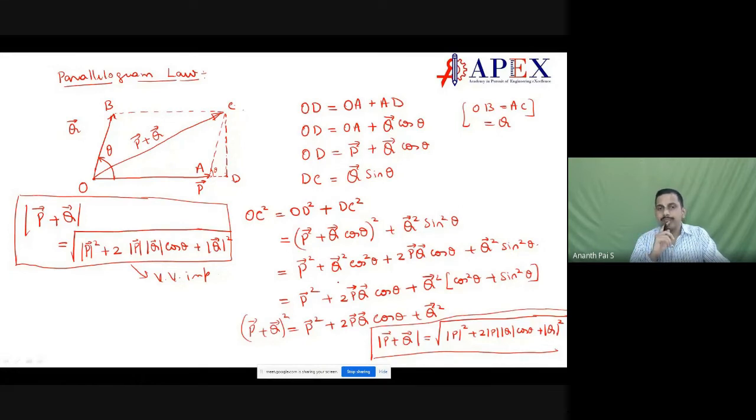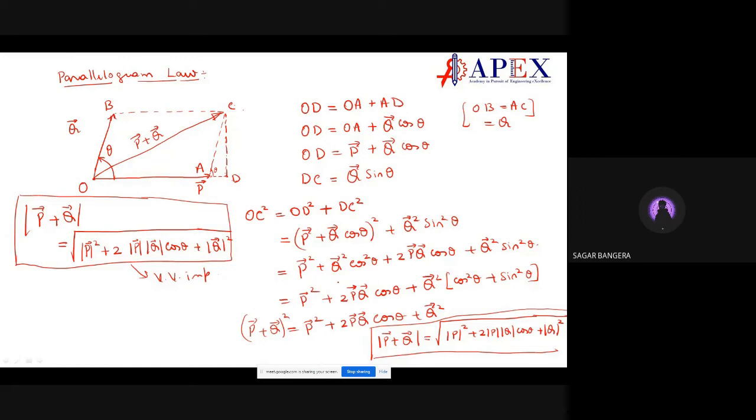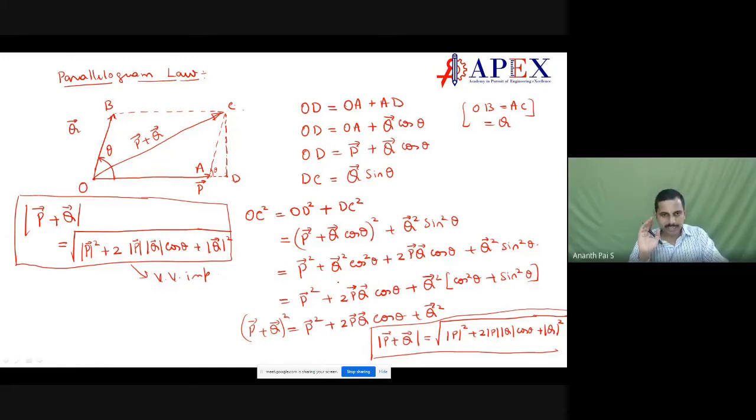Let us do one thing: after this, we will go with resolution of a vector. When we resolve a vector, we will see how things have to be done, and at that time I'll explain why the diagonal actually gives the magnitude of a vector. Okay sir.